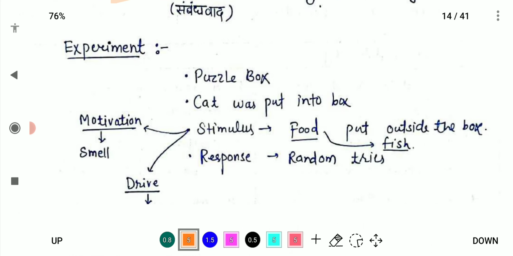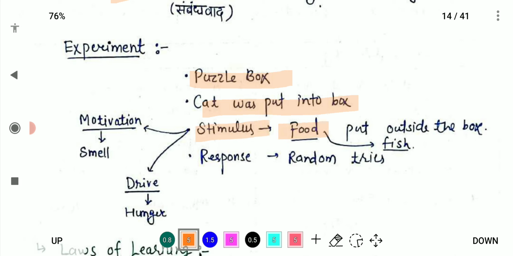Experiment: a puzzle box. A cat was put into a box. The stimulus is food, which will be provided outside the box, like fish or anything. The response is random tricks. First, the cat will do so many things to get that fish.